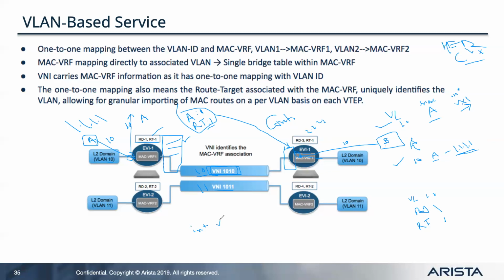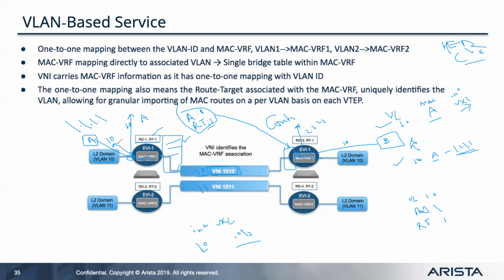For this VLAN 10, we have configured VNI 1010, so it will add that 1010 VNI into the VXLAN header and send it to this VTEP. This VTEP will decapsulate the packet, check the VNI, which is 1010 and belongs to VLAN 10, and forward that packet to this host A.